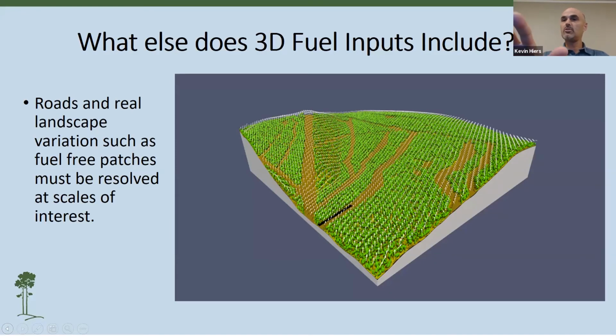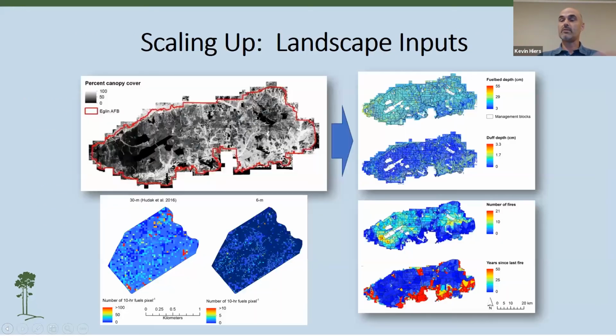And so what you see on the screen is what QUIC-Fire does with wind. Every single voxel, it's accounting for wind velocity and direction at about a 1 second time step throughout the simulation. So understanding where fuels aren't is almost as important as understanding where fuels are in predicting fire behavior with these coupled fire atmospheric behavior models.